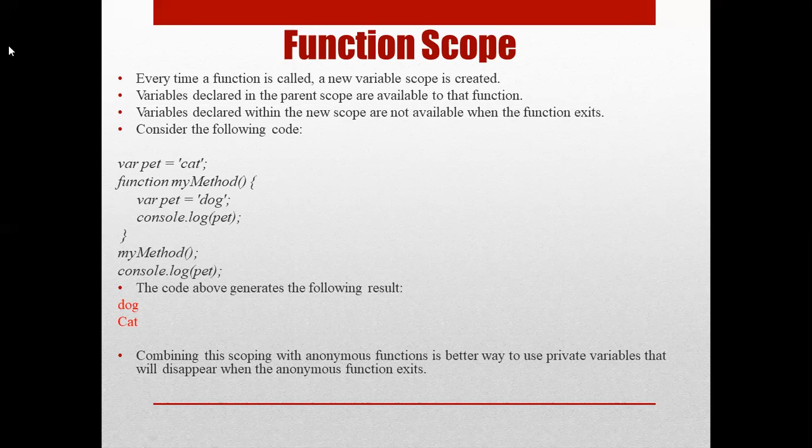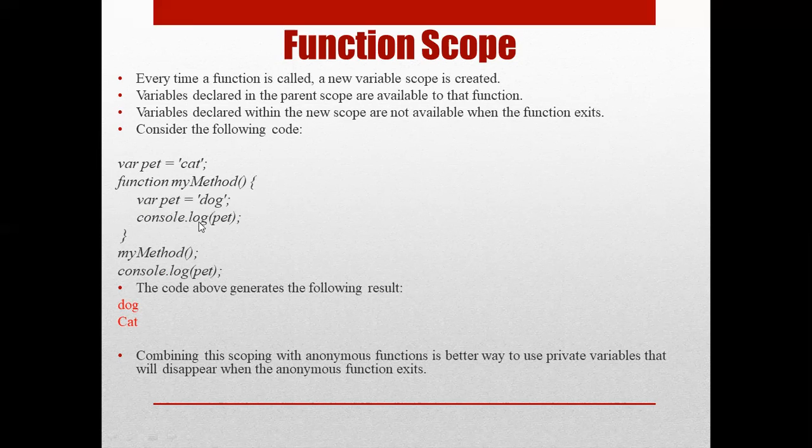Consider the following code as an example. Variable pet is equal to cat. That pet variable contains cat. Then the function named myMethod has a body consisting of variable pet is equal to dog.